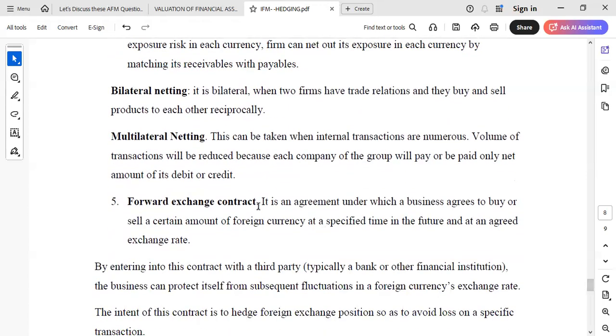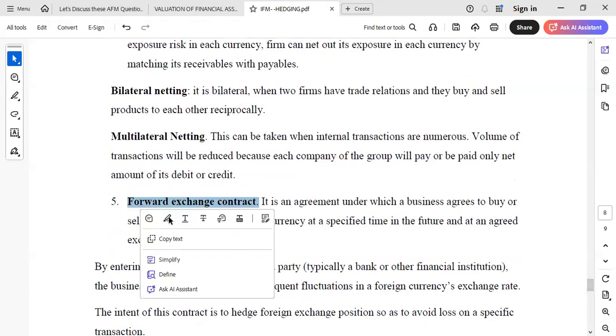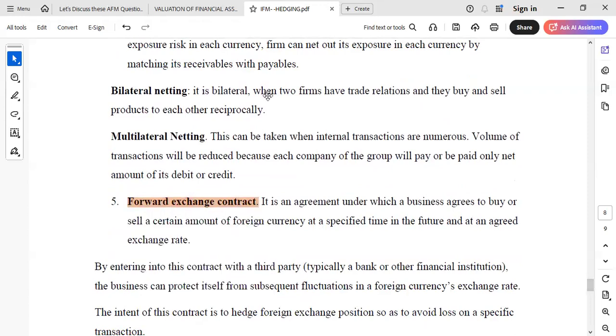For the contracts, you enter into an agreement with a party that I'm going to pay you in 3 months. And after 3 months, we agree that this should be the exchange rate to use. That is forward exchange. That's how a forward exchange contract is. We predict you're going to pay me worth $100 in the next 3 months.